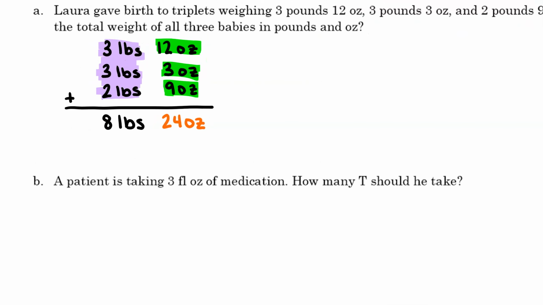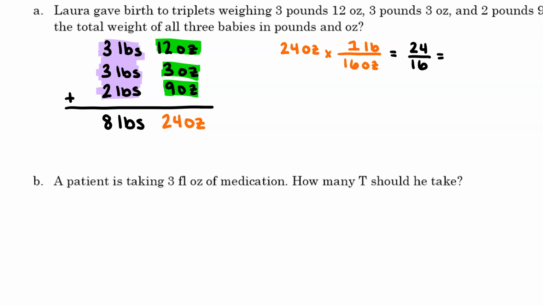24 ounces to pounds. So let's do that over here. 24 ounces. Well, there are 16 ounces in 1 pound. So the math that we're going to be doing is 24 divided by 16.